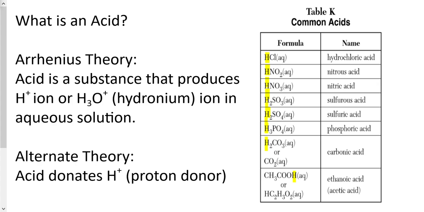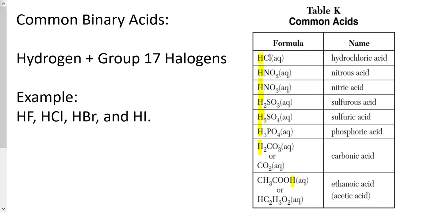According to the alternate theory, which happens to be known as Brønsted-Lowry theory, also known as the acid-base theory, you need to know that an acid donates a proton. So an acid is the proton donor.